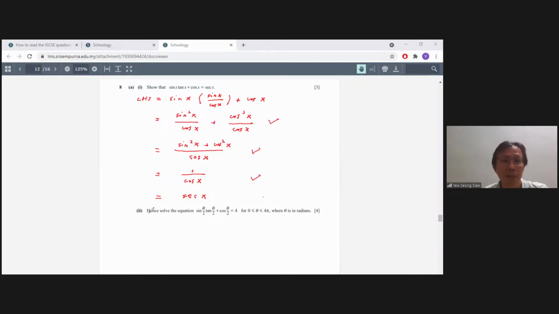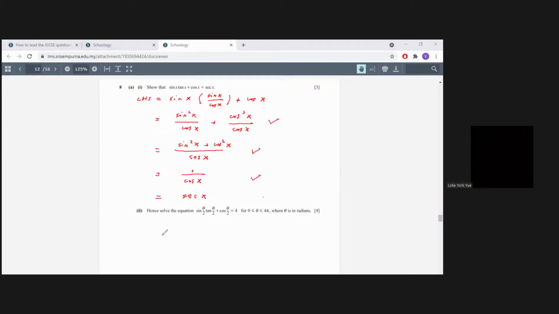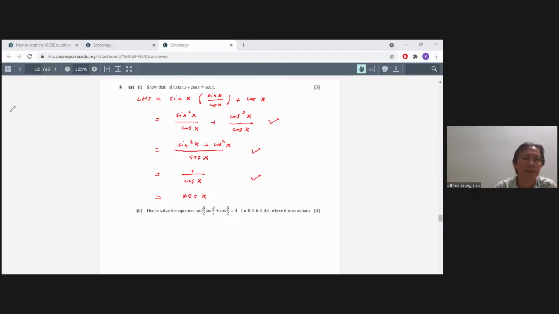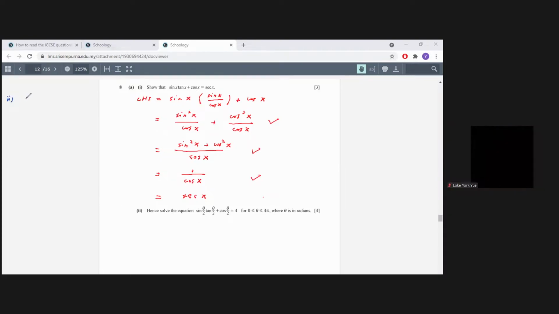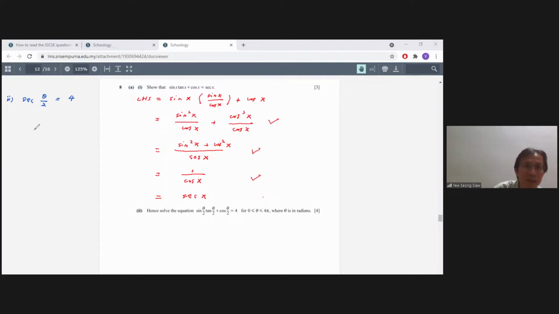Can you continue? You get hence. Can you solve this? Hence, secant theta over 2 equals to 4. Secant theta over 2 equals to 4, so cos theta over 2.